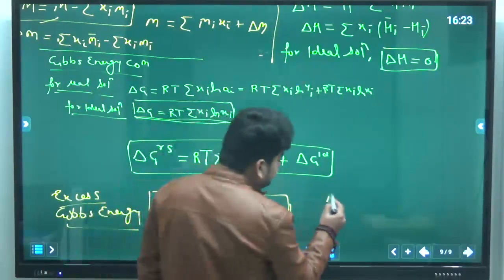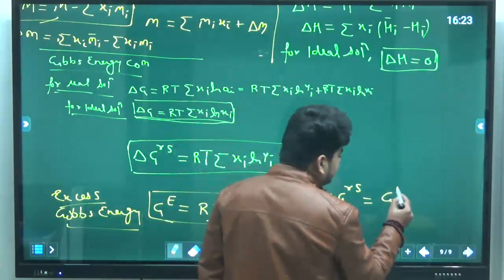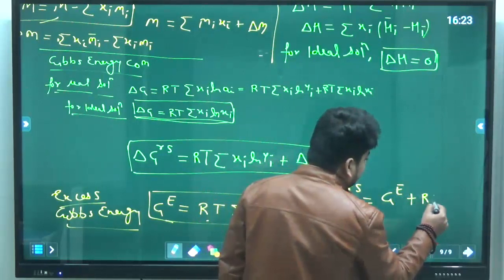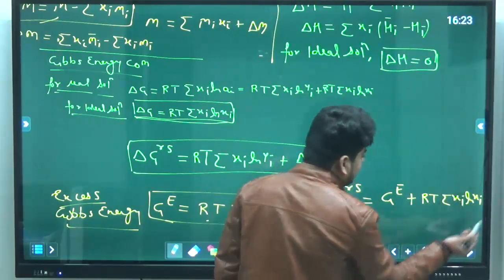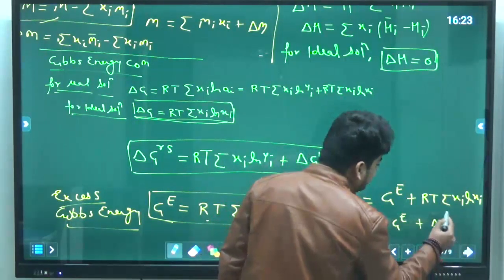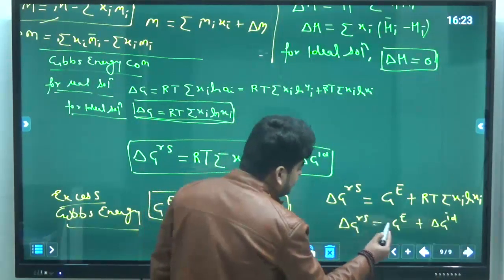Okay, so further if you want to relate, you can write Gibbs energy change of mixing for real solution is equal to excess Gibbs energy plus RT summation Xi ln Xi, or nothing but just you can say the Gibbs energy change of mixing for ideal solution.